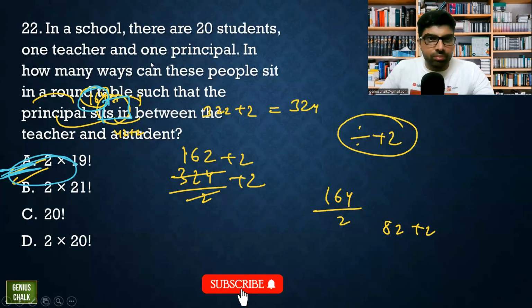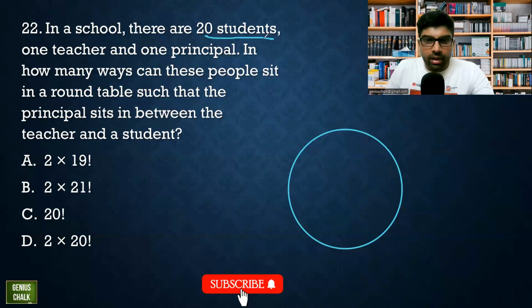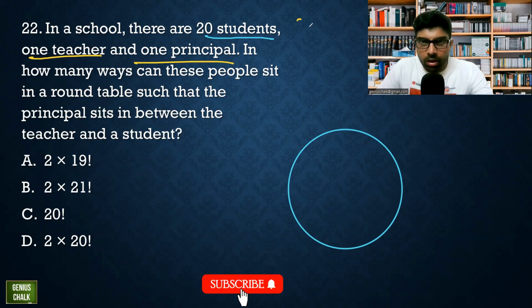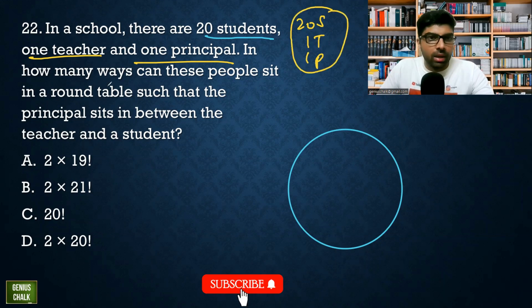Next one, in a school, there are 20 students and 1 teacher and 1 principal. Fine. Write the data properly. 20 students, 1 teacher, 1 principal. So total are 22 people. In how many ways can these people sit at a round table such that the principal sits in between the teacher and the student?